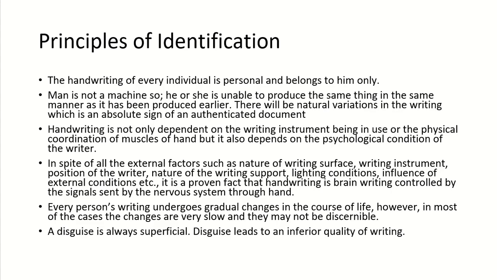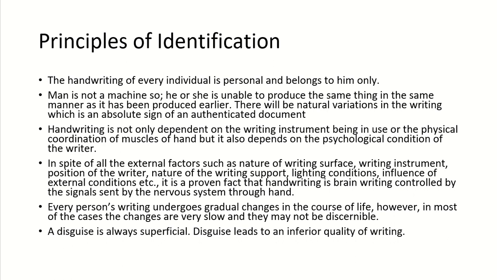Principles of identification of handwriting. The handwriting of every individual is unique, it is personal, and there is natural variation. Writing also depends on the psychological condition of the writer, along with the writing instrument or the writing surface or the muscles of the hand. Handwriting is controlled by the brain. The signals are sent by the nervous system through the hand.